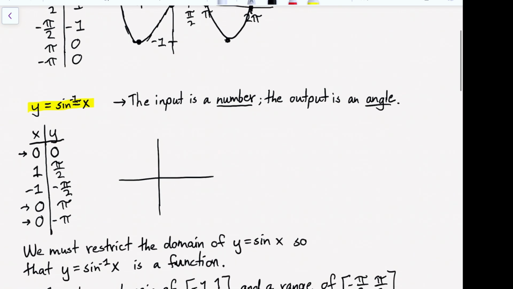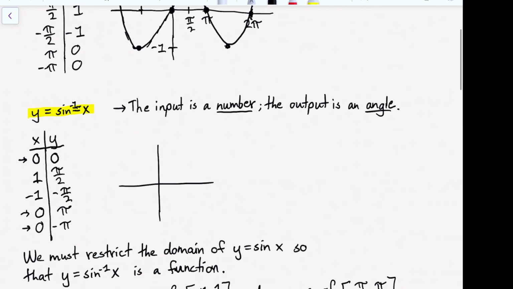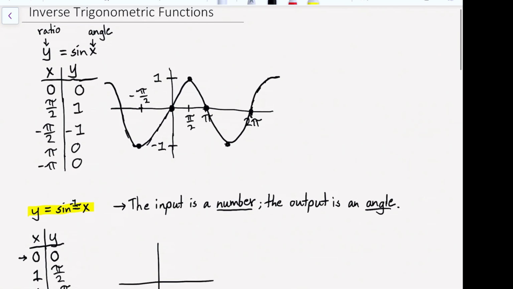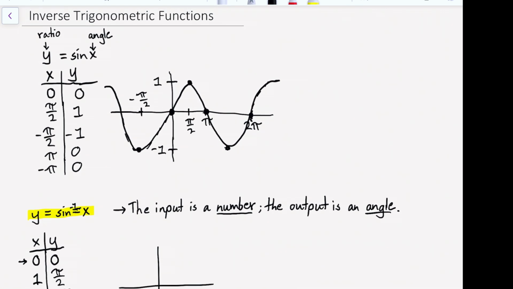Well, like many other functions, we must restrict the domain of sine of x so that its inverse is actually a function. We need to make sine of x 1 to 1, or consider an interval of the graph where it is 1 to 1. The typical way that we do that for sine of x is to consider the interval from -pi over 2 to +pi over 2 on the graph.